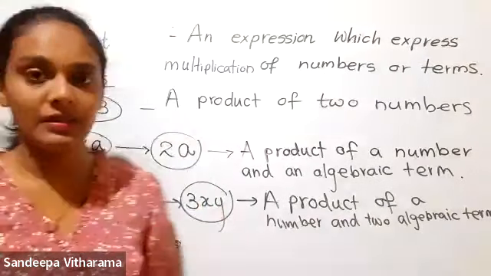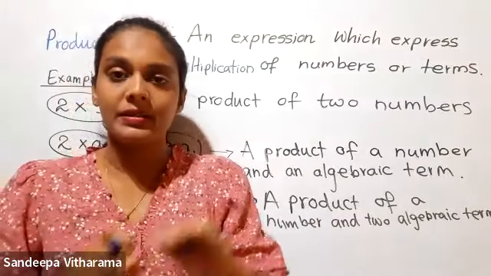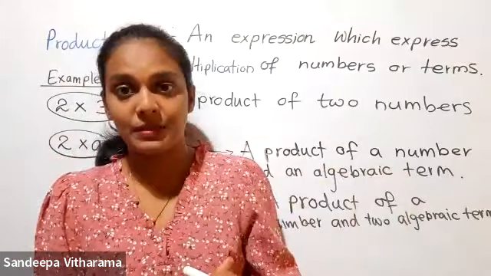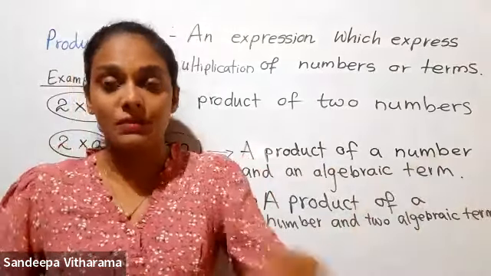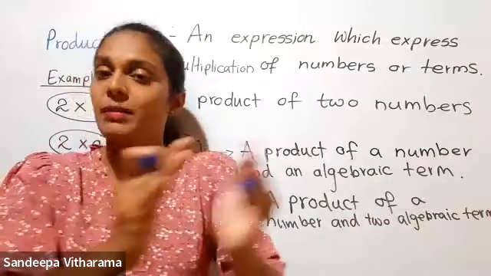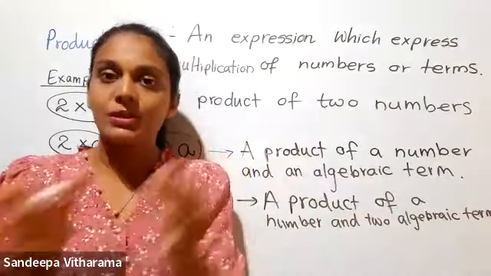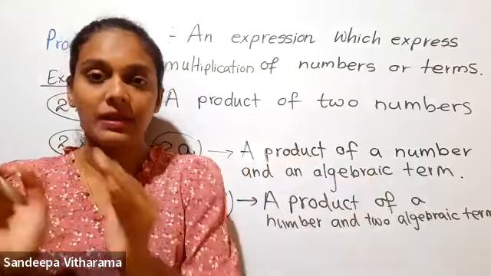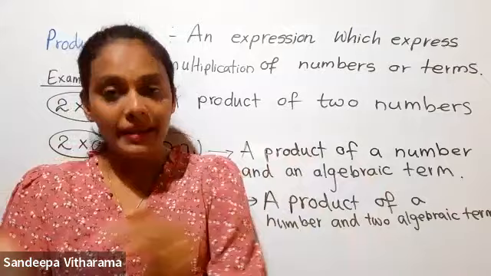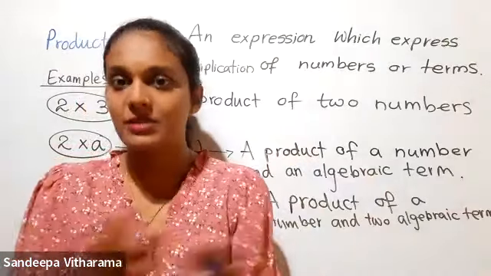When you multiply an algebraic term by a number, for example x into 5, it's not x5.